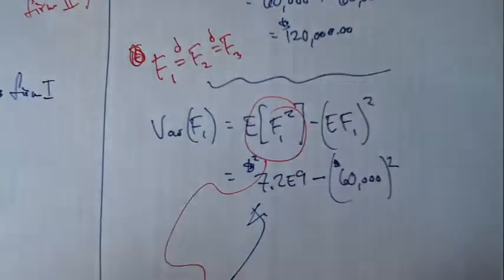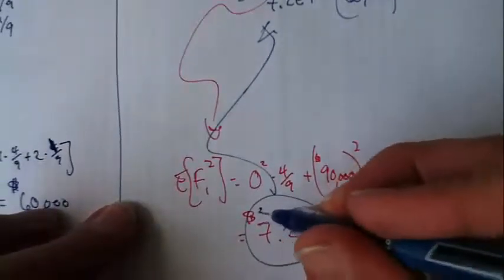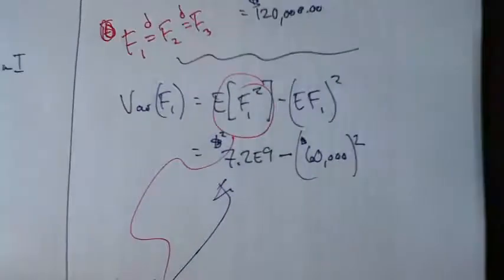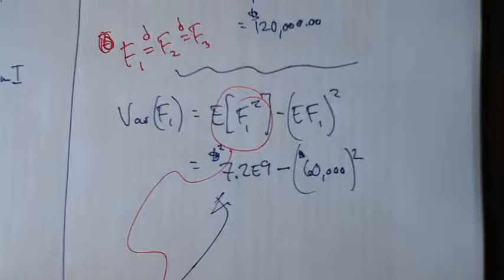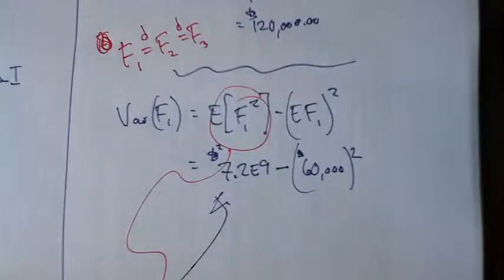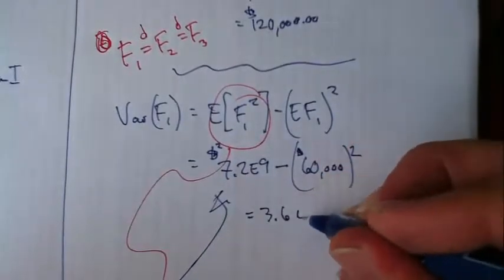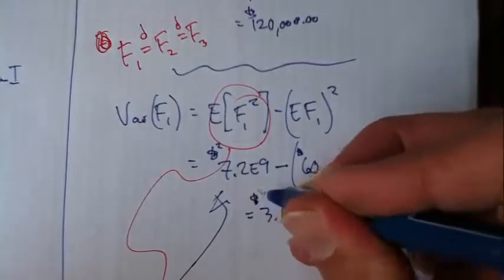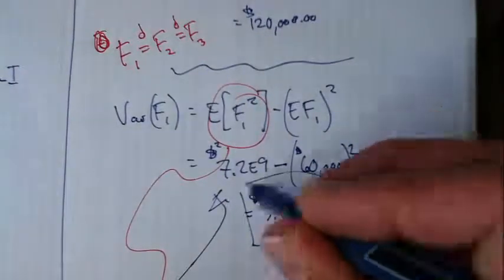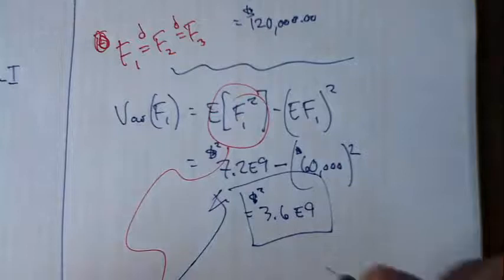So take all that minus 60,000 squared. I get 3.6 times 10 to the 9th square dollars. What the heck is a square dollar? I don't know. What's the standard deviation? It's the square root of that.